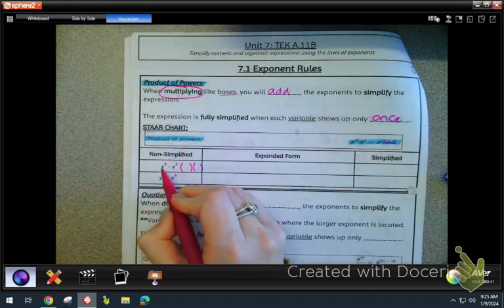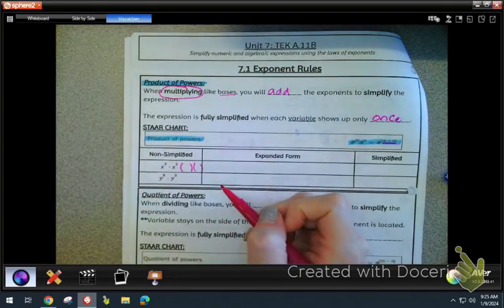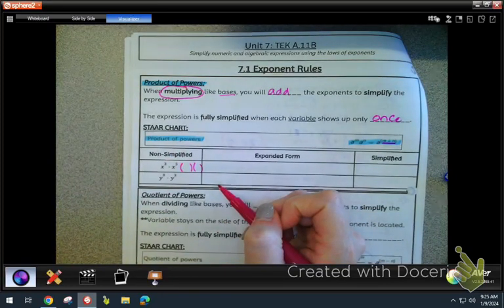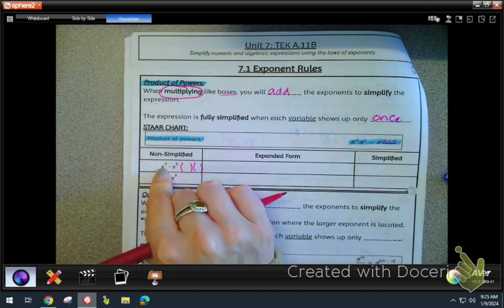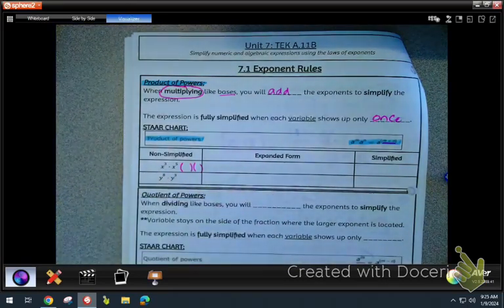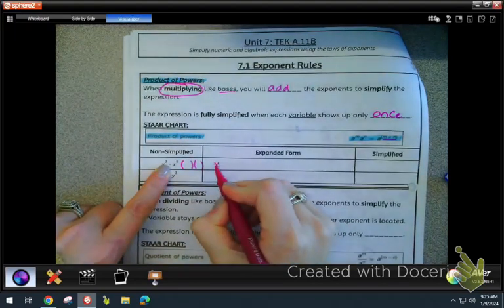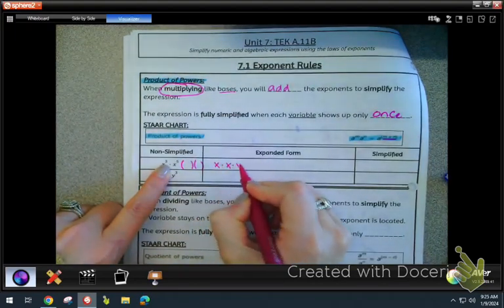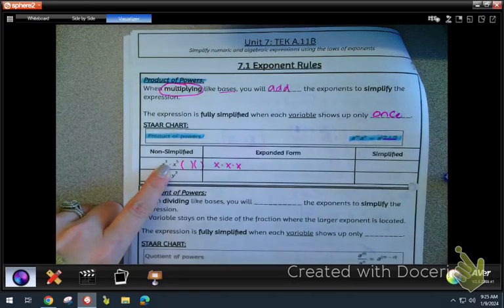So if I look at x to the third power, what's my exponent? What's the tiny number? 3. Exponent is 3. What's the base, Heidi? X. Thank you, Heidi. Okay, so that means I'm going to multiply my base x how many times? 3. So x times x times x. That's the first thing that we're multiplying.